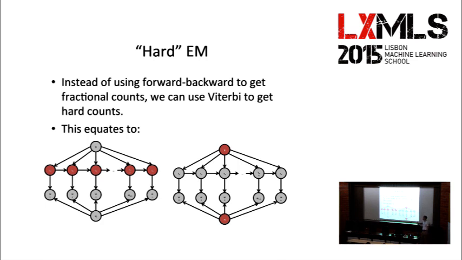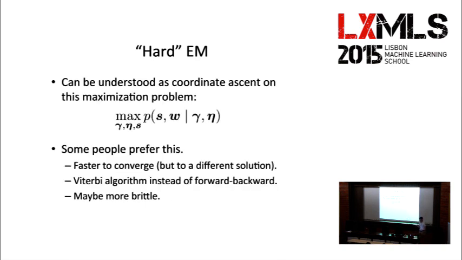Sometimes it's called Viterbi EM or hard EM. If you don't want to implement forward and backward algorithms, then this is a way to go. Some people prefer it. I'm not going to say too much more. It often converges faster, actually, but it's a different solution.